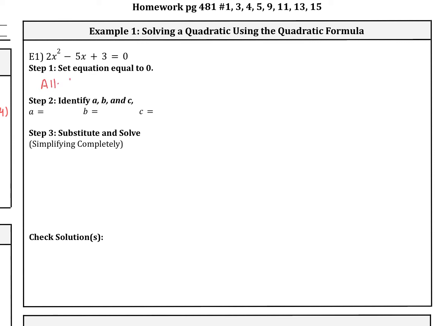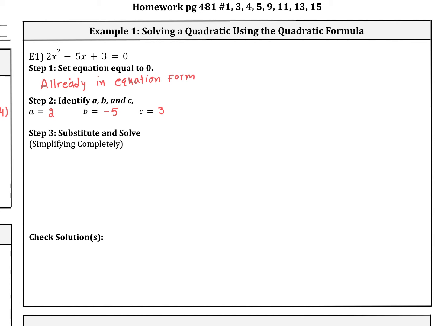So recognize a, that is going to be 2, b is negative 5, and c is 3.